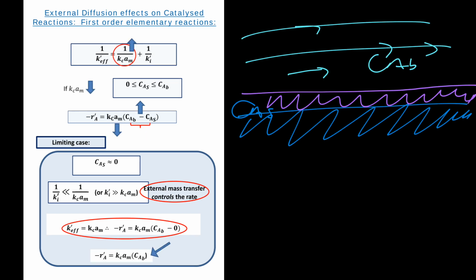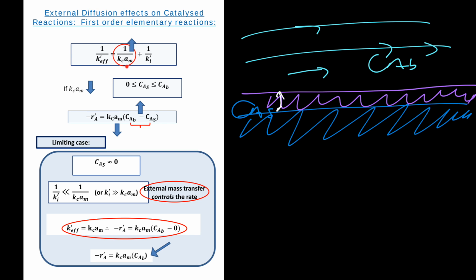In the other extreme, I have the scenario where this transfer process, as it diffuses through this boundary layer, is very slow. A slow rate is indicated by a very small rate constant. So if this becomes really small, the resistance due to this rate constant starts to dominate whatever I observe in my reactor.